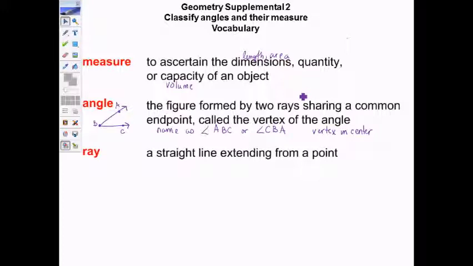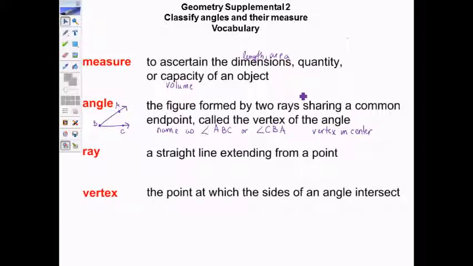Ray, we already knew the definition of ray. And then we have vertex is the point where the sides of an angle intersect. So ray is like this, and we name it making sure that the side without an arrow is the endpoint.